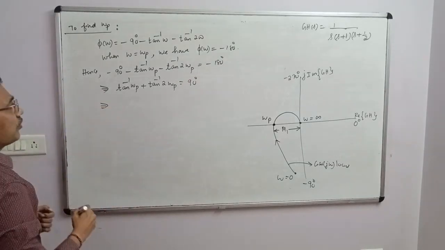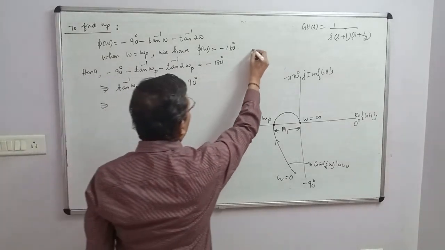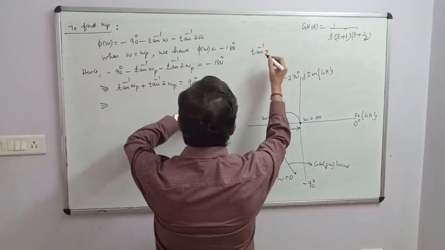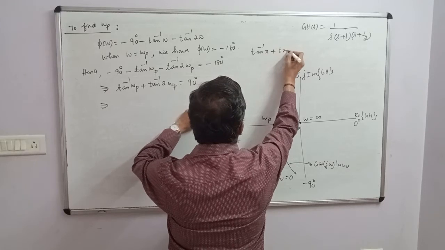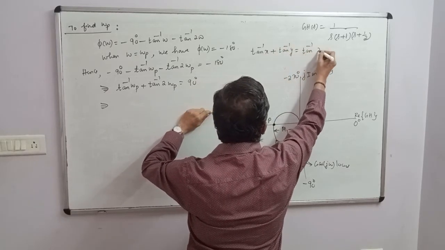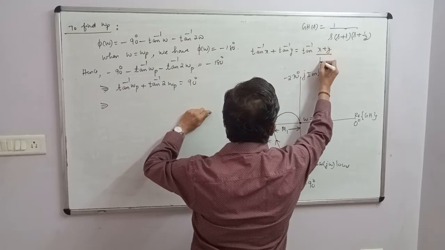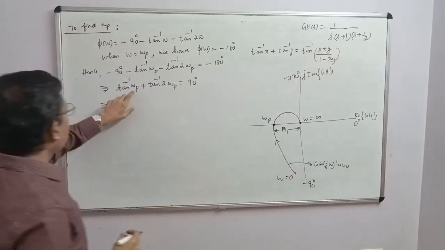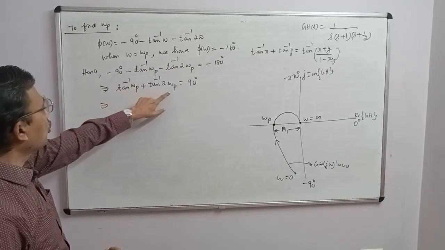Tan inverse x plus tan inverse y is equal to tan inverse of x plus y divided by 1 minus xy. So x is omega p here, y is 2 omega p.